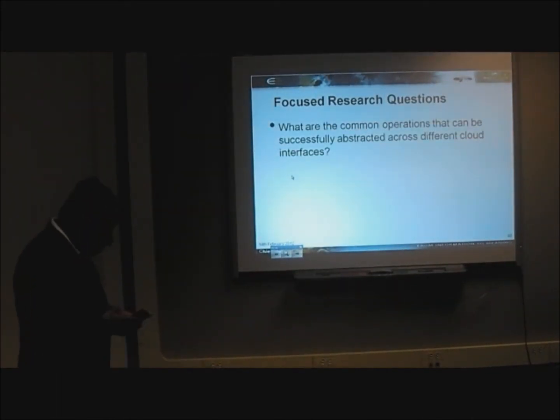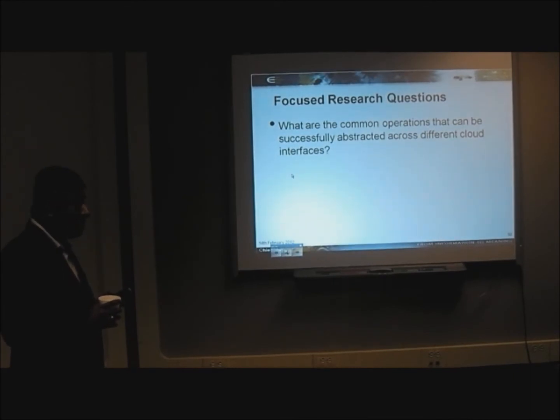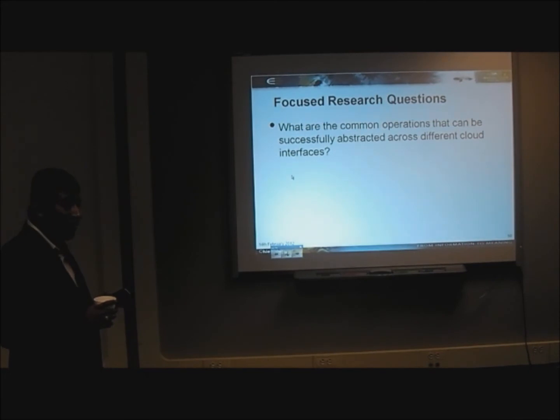The research question that is important here, or the focus research question, is what is the lowest or the smallest common set of features that you could do behavioral abstraction like this? There could be features that you cannot abstract out. Like there are some features in Amazon, like this feature of elastic IPs.